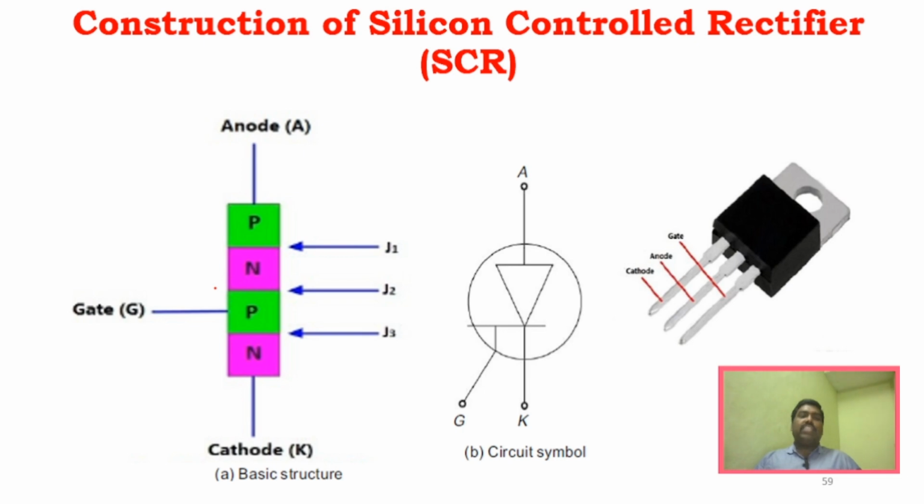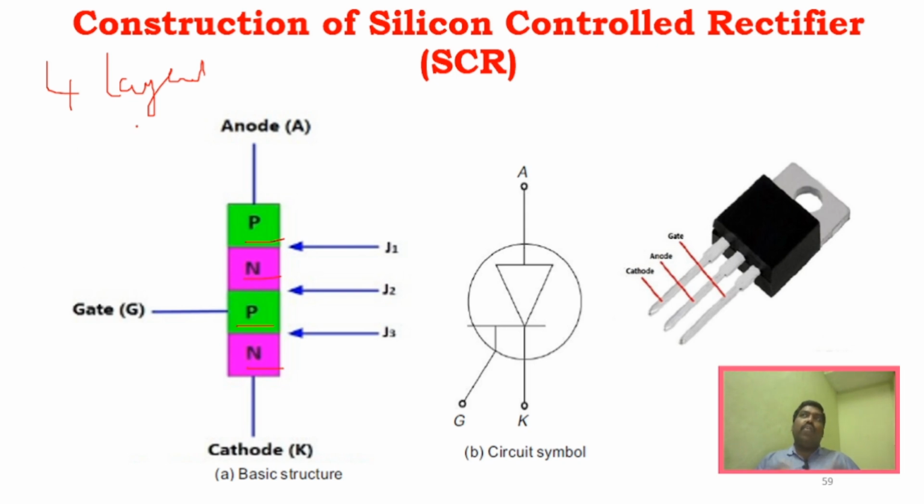When we say the construction of SCR, it is a four-layered device. It has a P layer, N layer, and another P layer and N layer. So it is called as four-layered device.